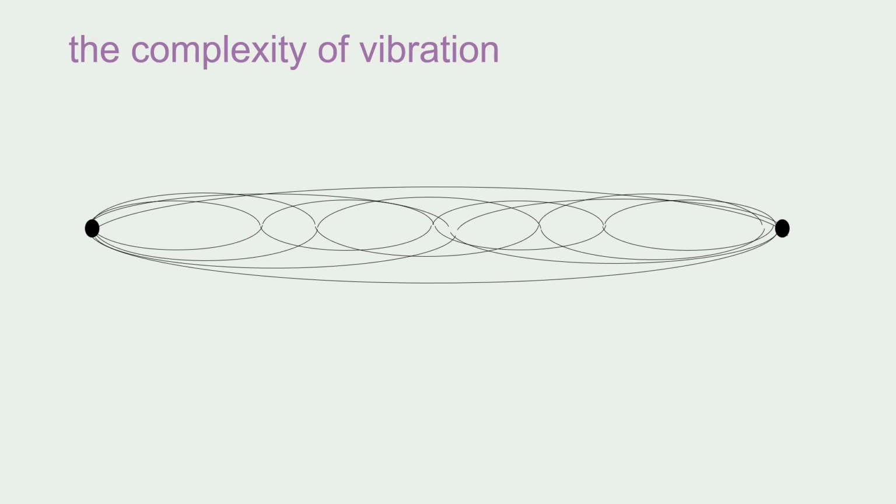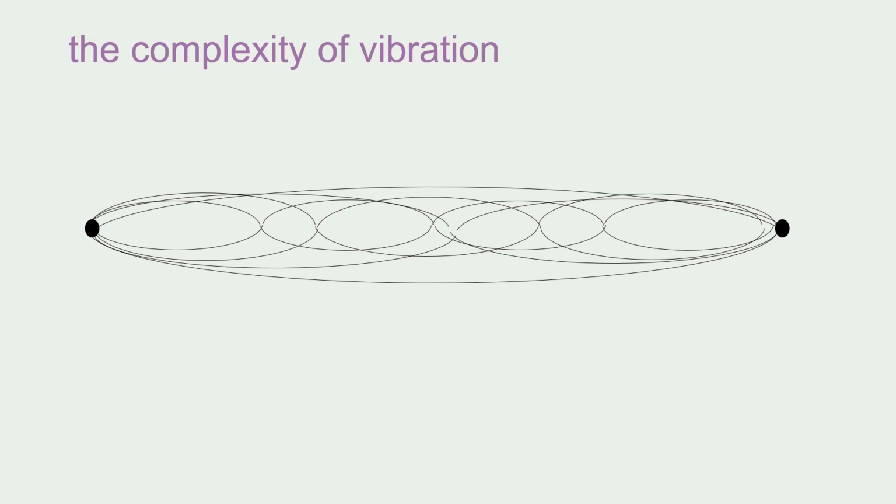It's not a pure note that gets produced, but a very rich sound with one frequency built onto another. Okay, so a vibration of a string produces lots of frequencies all piled up on one another.